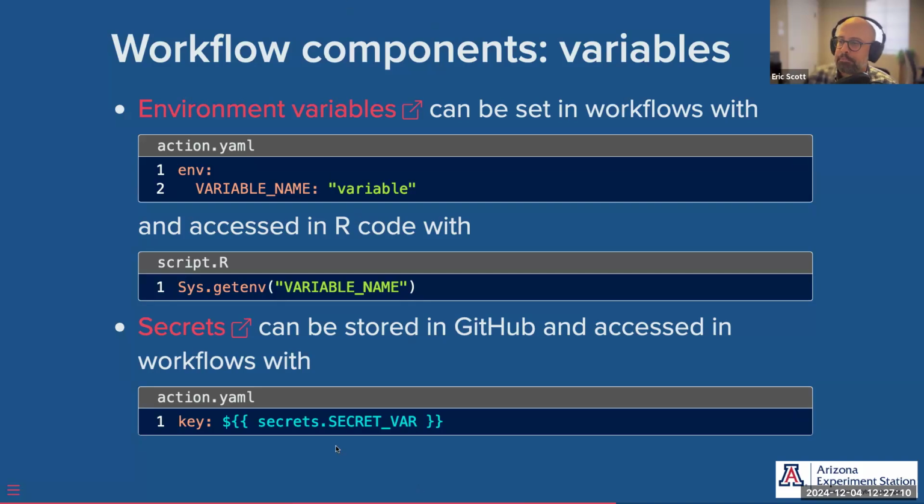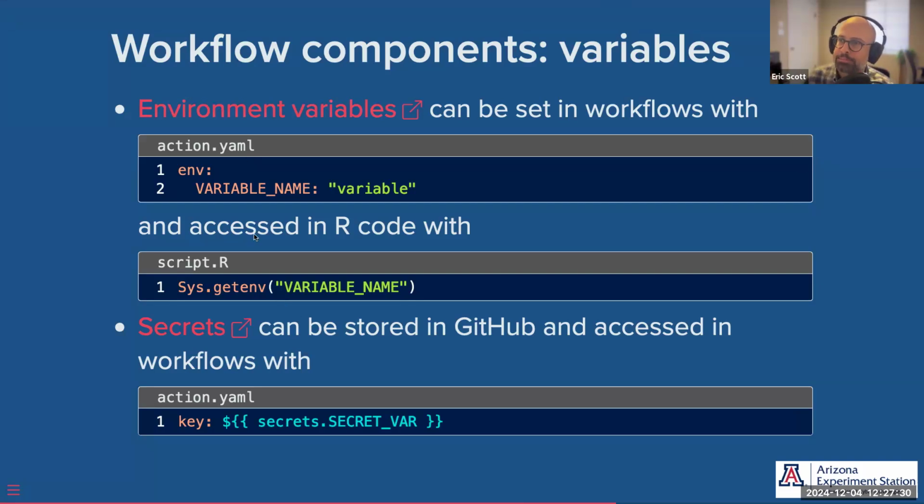So secrets are useful when, for example, you have a password or an API key that your workflow needs to access, maybe in an R script, but you don't want that to be published publicly and be viewable in your workflow file.